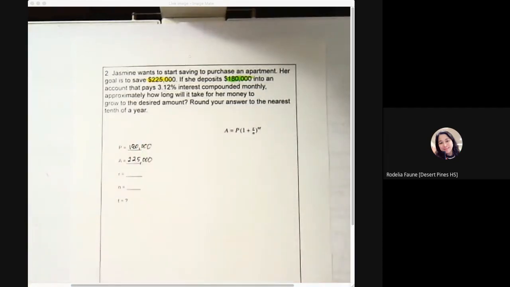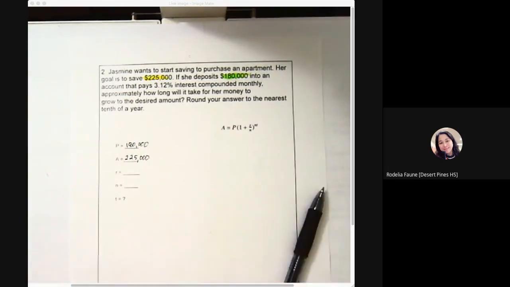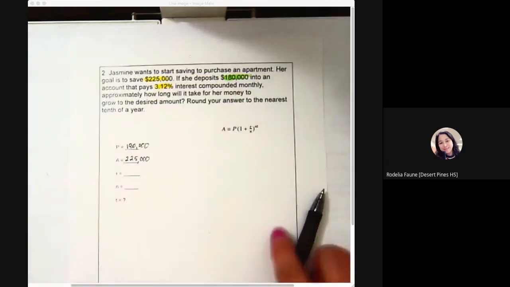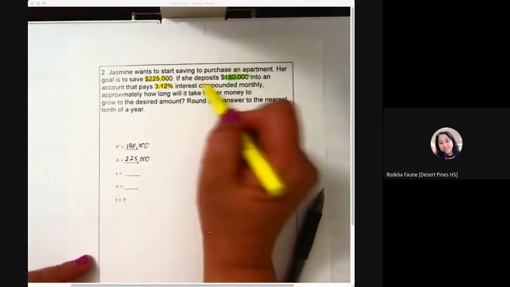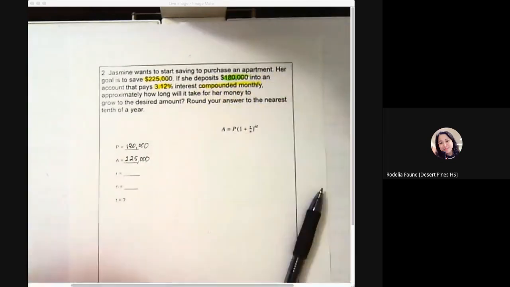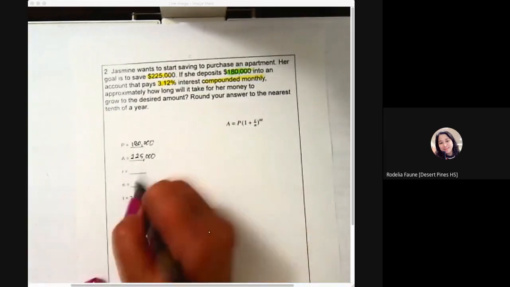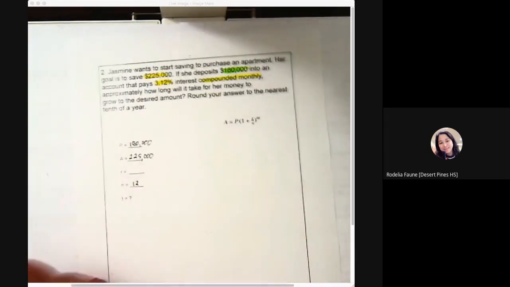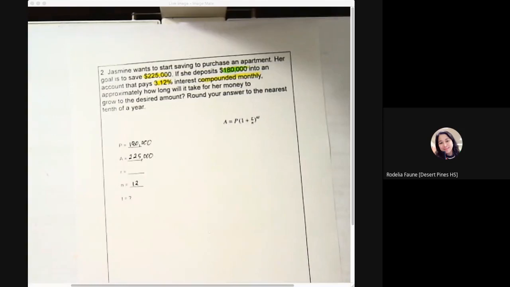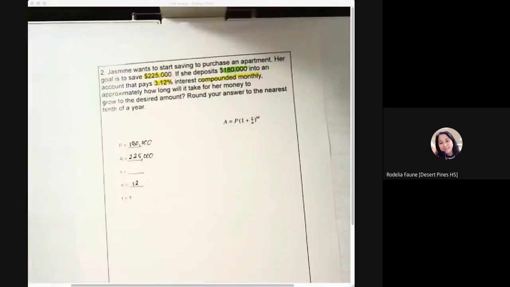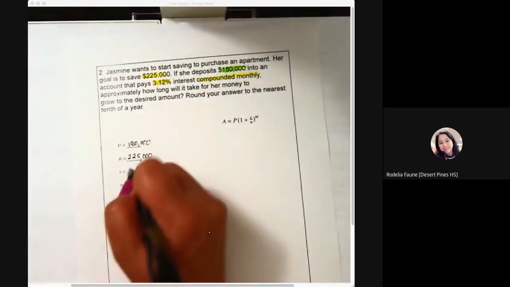And it pays an interest rate of 3.12%, and it will be compounded monthly. So again, monthly is 12. I'm going to show you again here. Monthly N equals 12. Okay? And then the rate is 3.12%.